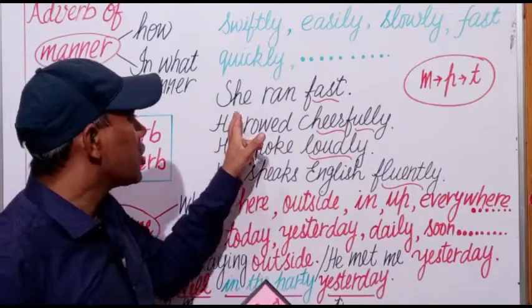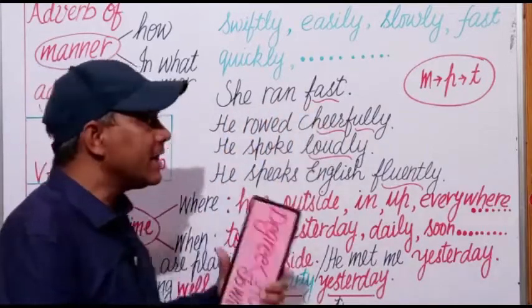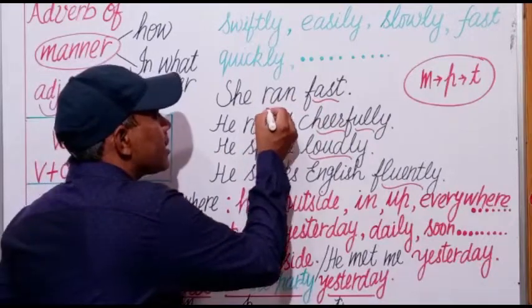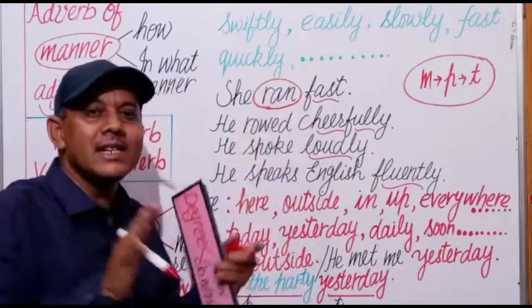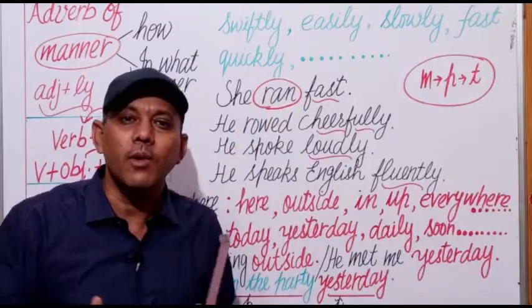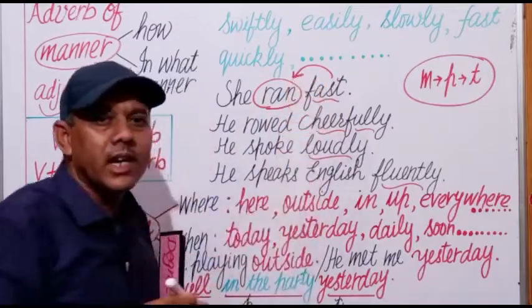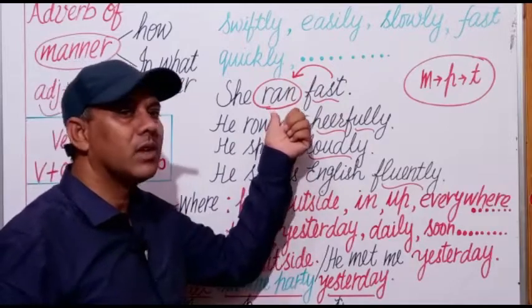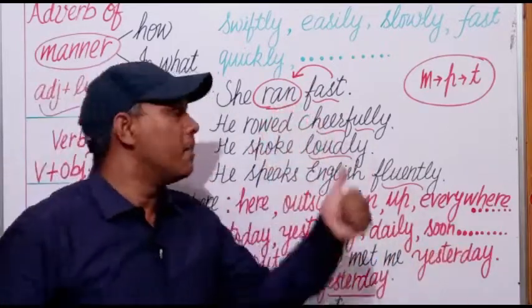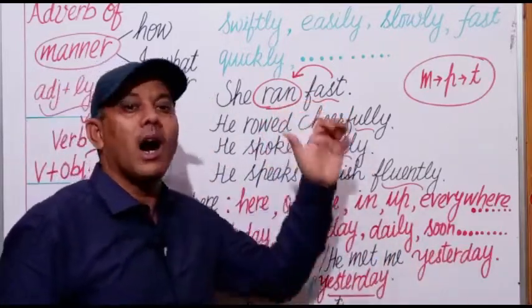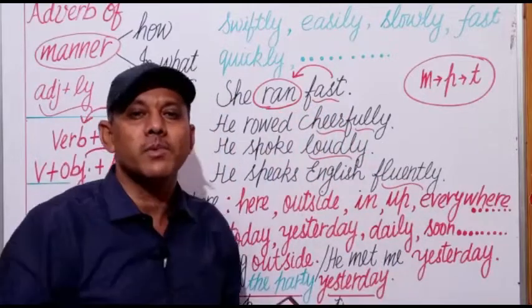First of all, she ran fast. In this sentence, this word ran is the action or the verb, and this word fast modifies this verb, and all the words modifying a verb are known as adverbs.